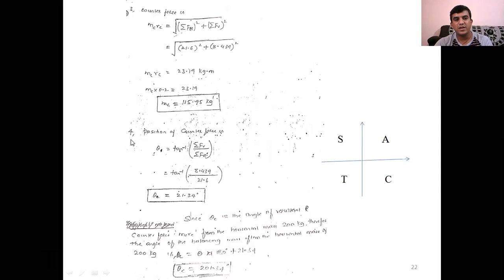Similarly, go for orientation. We know that tan theta is equal to opposite by adjacent side, so theta is tan inverse of opposite by adjacent. Substituting, we get theta c as 21.34 degrees.